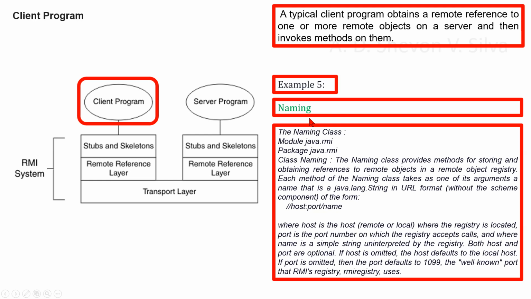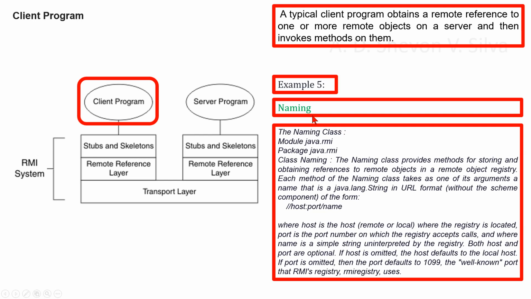Each method of the Naming class takes as one of its arguments a name that is a java.lang.String in URL format without the scheme component, of the form //host:port/name, where the host is the host, remote or local, where the registry is located, port is the port number on which the registry accepts calls, and where the name is a simple string uninterpreted by the registry.